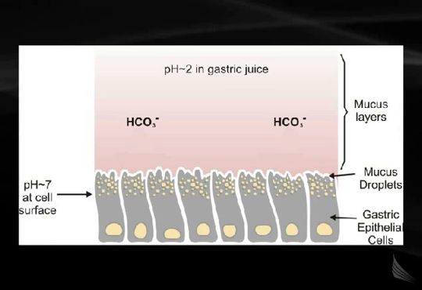The pH in the gastric juice is 2, but with these mucus-secreting cells at the surface of these gastric pits, it helps to keep a mucus layer which is rich in bicarbonate between the cells and the stomach contents, which are acidic. This therefore means that stomach cells themselves will not see a pH below 7 and are therefore protected from the extreme acidity present in the lumen of the stomach.